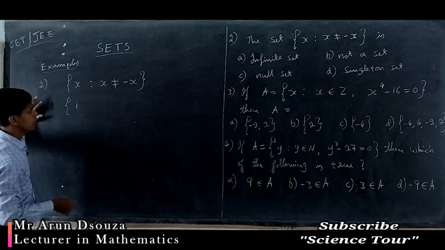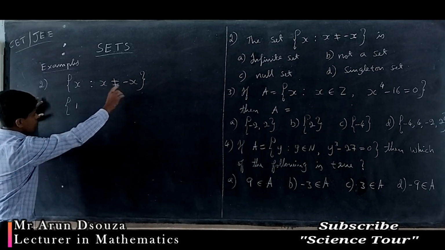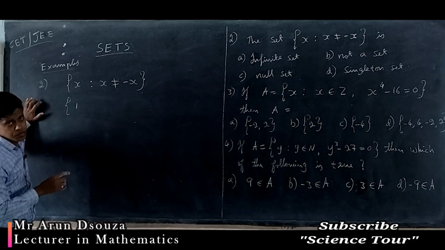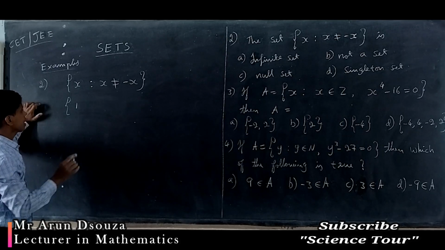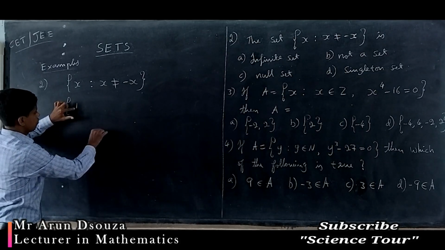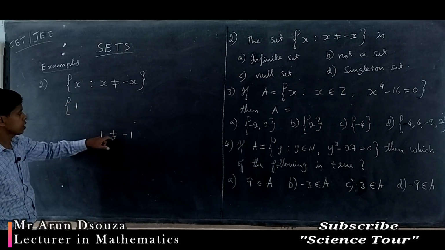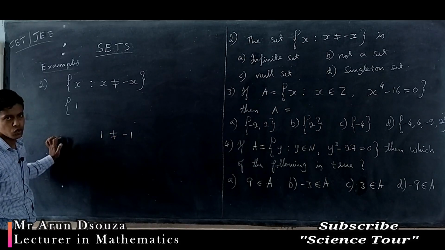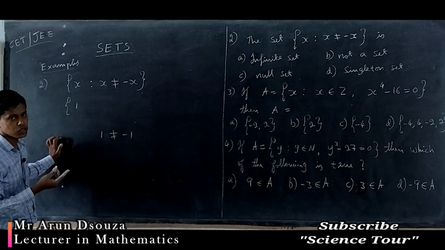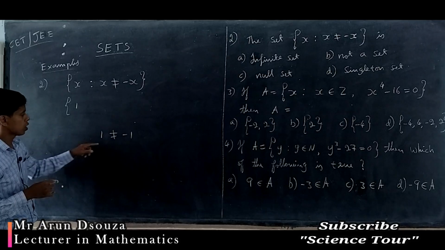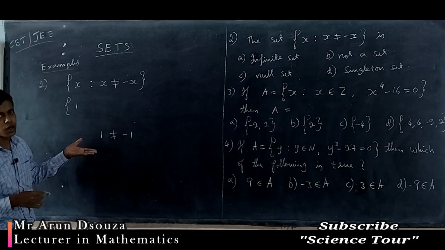Because it is minus x, it should be numbers only, not objects. Now can you write 1? 1 is not equal to minus 1 is true. Therefore, yes, I can write 1.